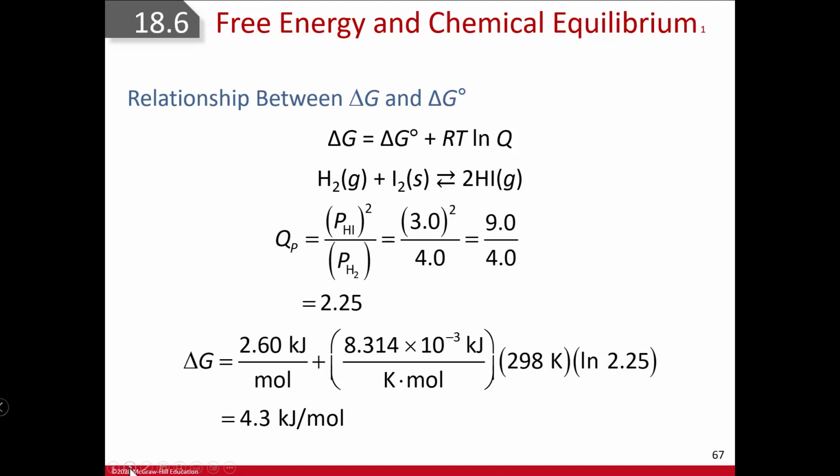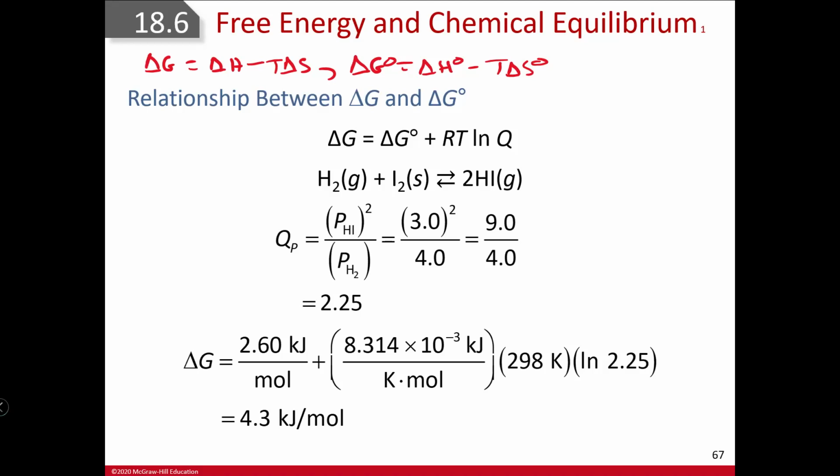So here's a new equation. At this point, what we have done is we know that delta G equals delta H minus T delta S. This is non-standard conditions. We have done delta G naught equals delta H naught minus T delta S. That would be standard conditions.